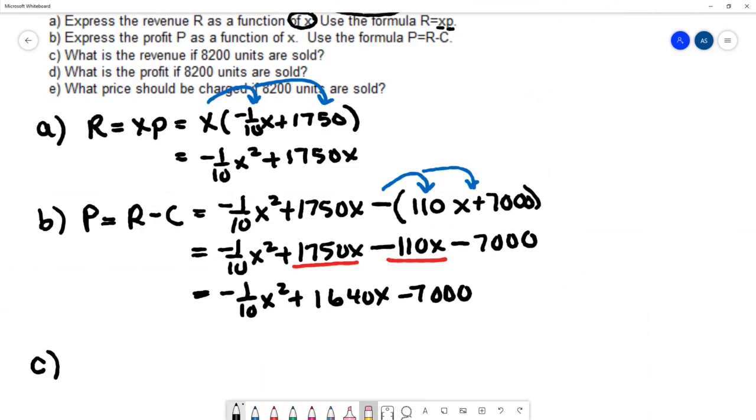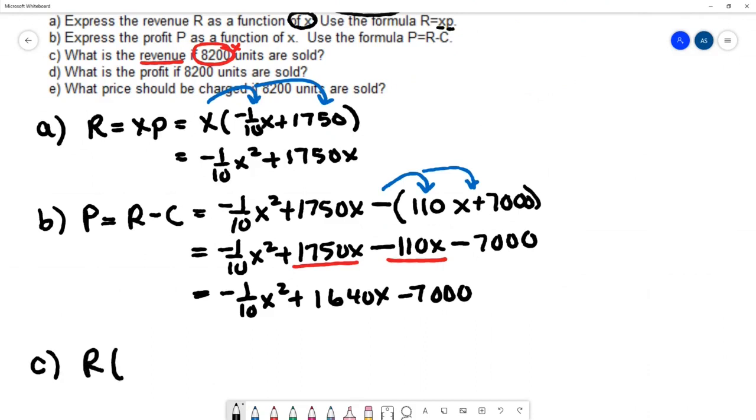In part C, what is the revenue if 8,200 units are sold? Remember that x is the number of units, so 8,200 is what we substitute in for x, and we're going to do it in the revenue function.